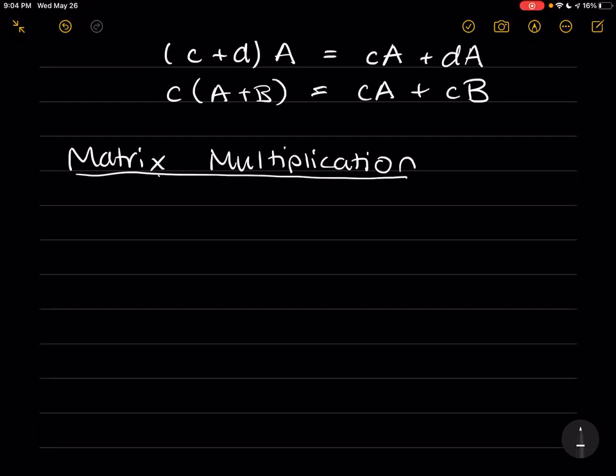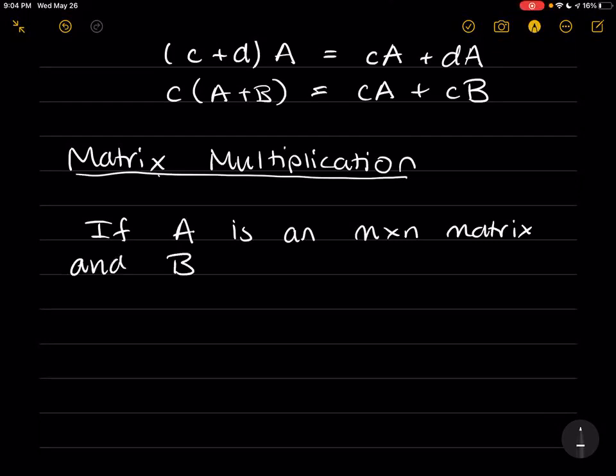So if A is an M by N matrix, so M and N here are numbers like 5 and 3 or whatever, and B is an N by K matrix, then we can multiply them.